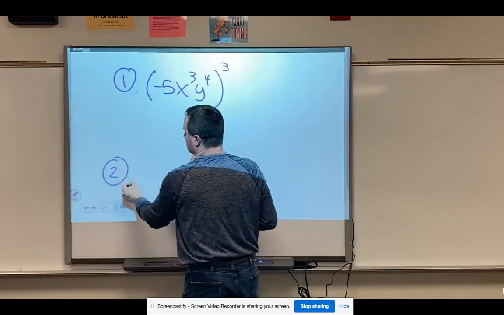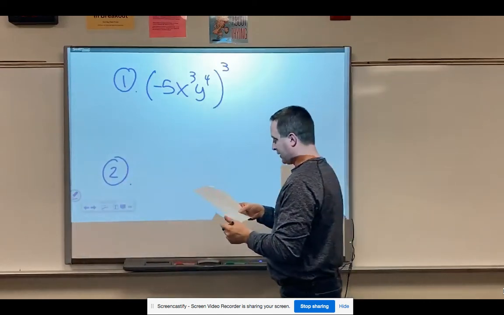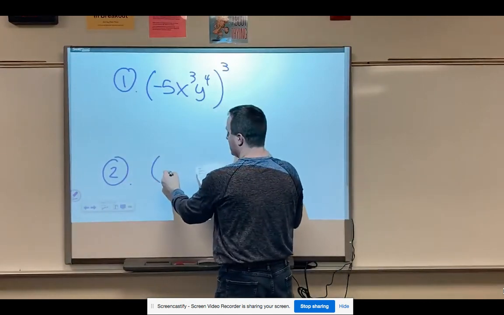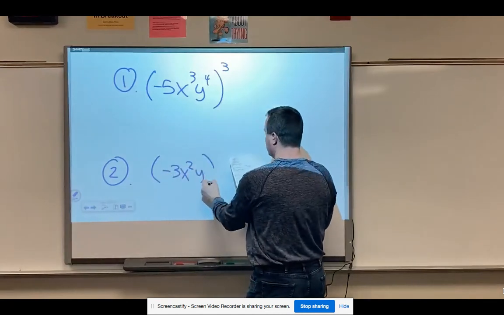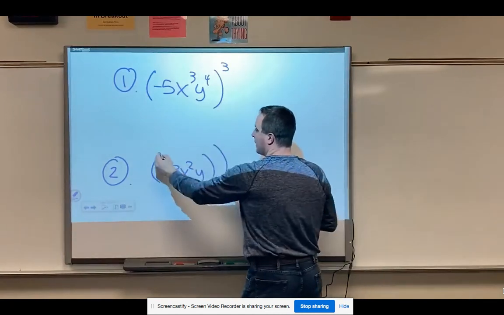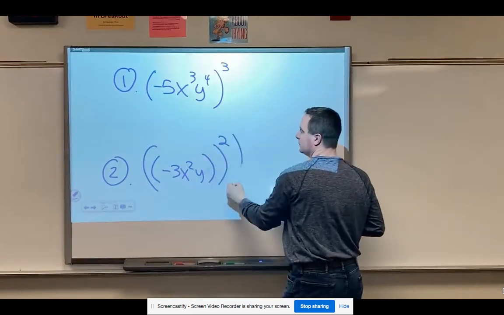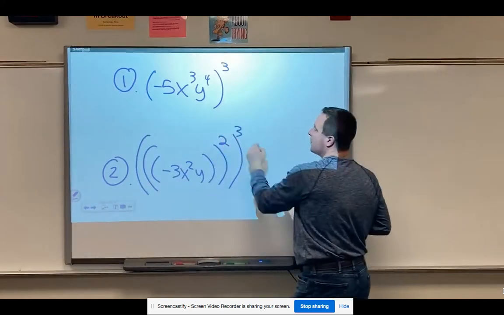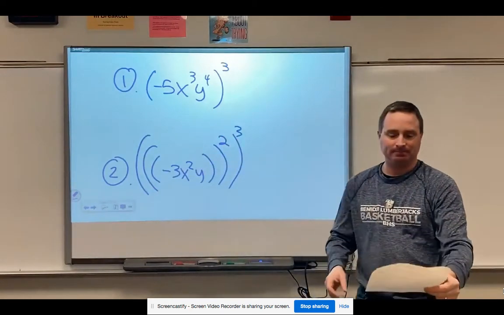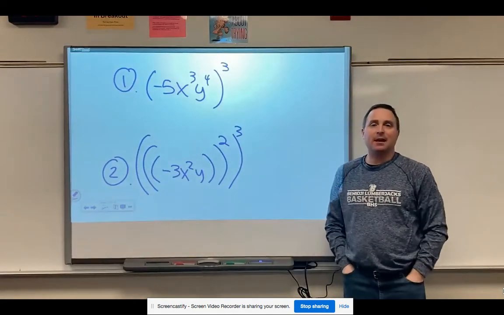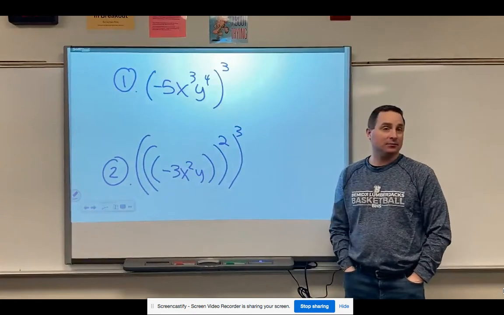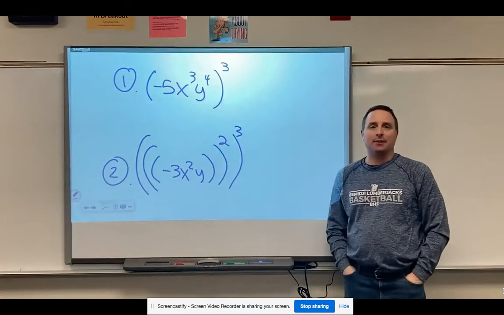Okay. And number 2 is going to look like this. Negative 3, x squared y. I'm going to square it, and I'm going to cube that. Okay. So go ahead and push pause. Take as much time as you need, and when you're ready, unpause, and we'll come back and do these together.